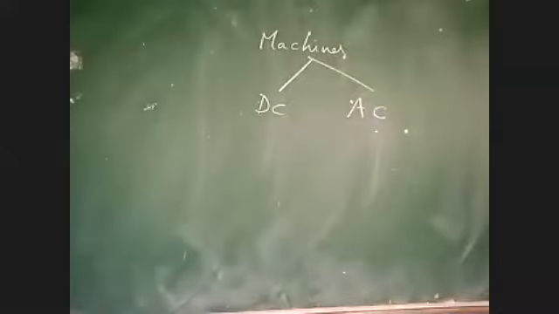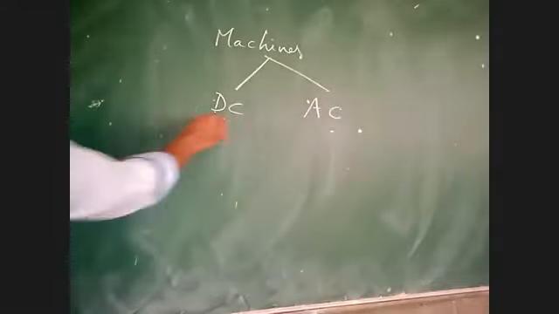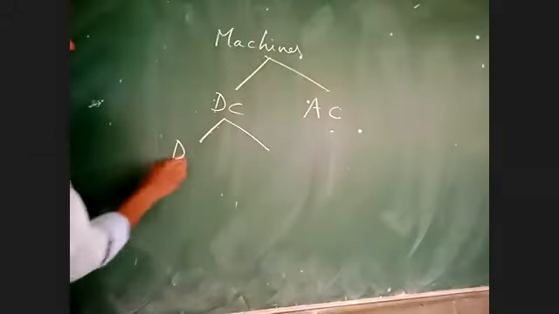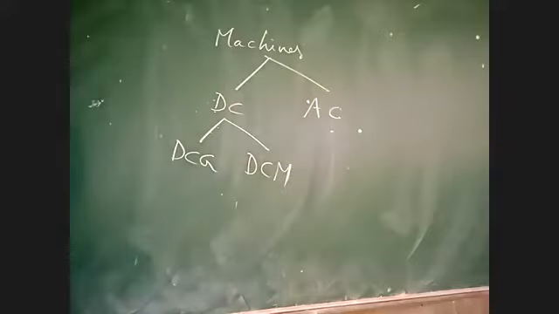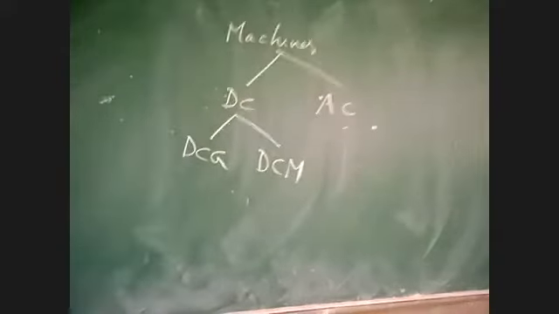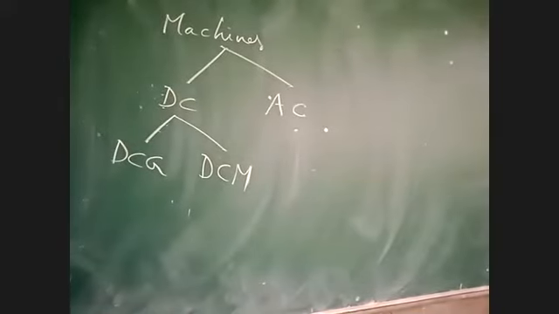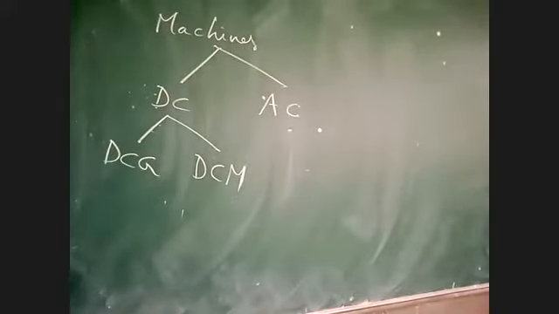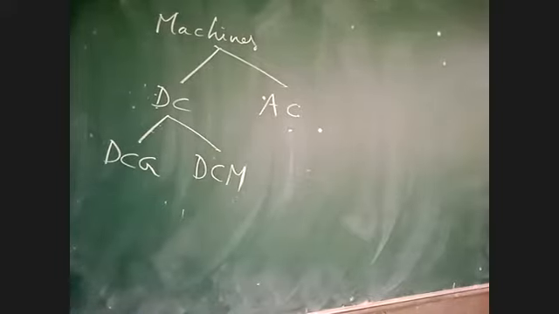Machines are classified into DC and AC machines. Again, DC machines are classified into two types: DC generator and DC motor. This DC machines is not in your syllabus. In your syllabus, you are having only AC machines.